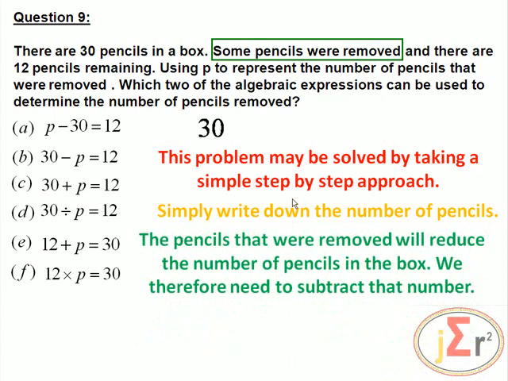The pencils that were removed will reduce the number of pencils in the box. We therefore need to subtract that number. Therefore, we will subtract the number of pencils that were removed.